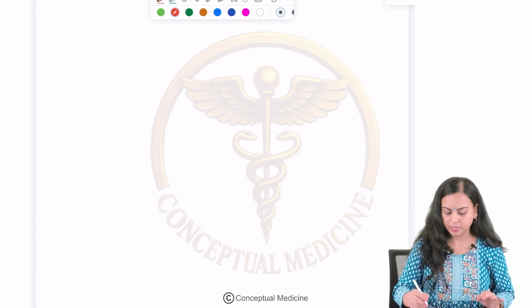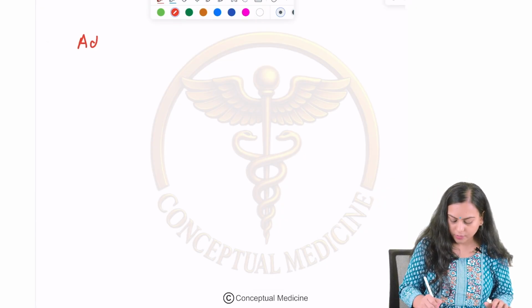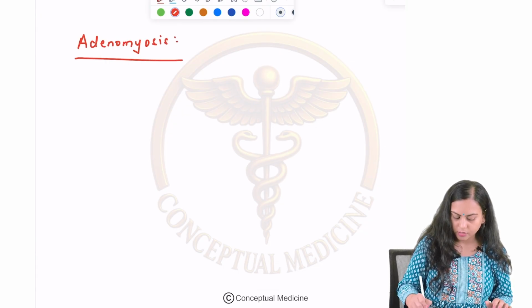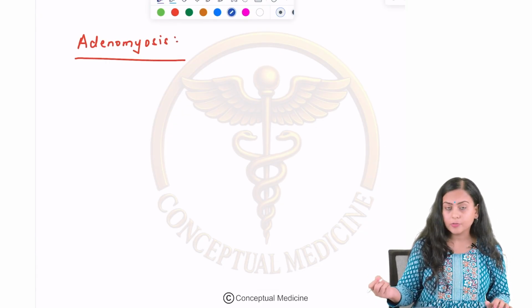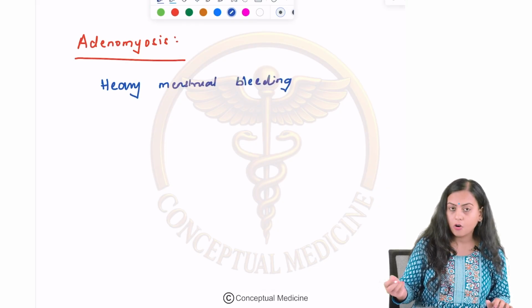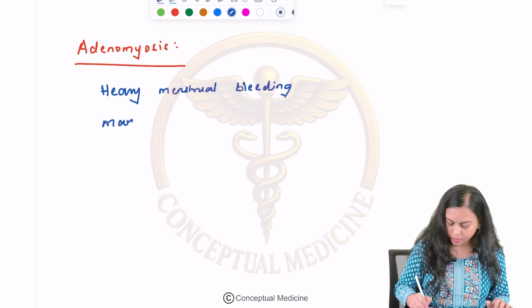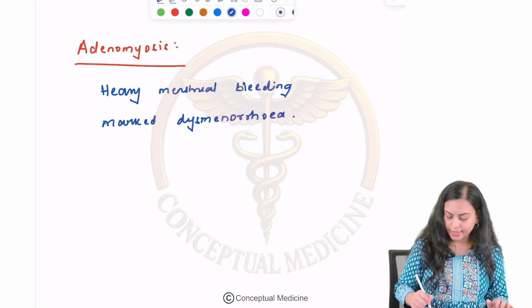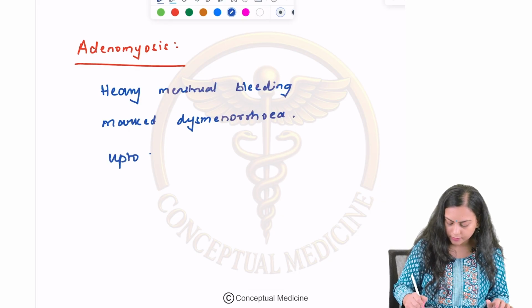Clear? Right. Let's go on to the next one of PALM, that is adenomyosis. In adenomyosis, there can be heavy menstrual bleeding or marked dysmenorrhea also. Here, the uterus can enlarge up to 12 weeks.